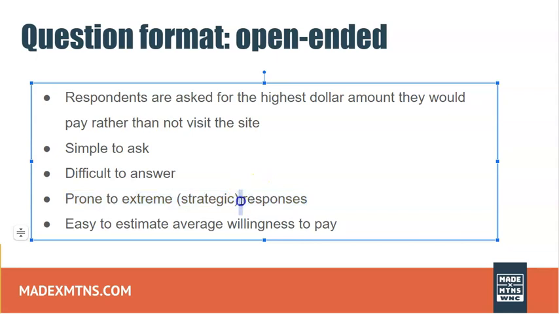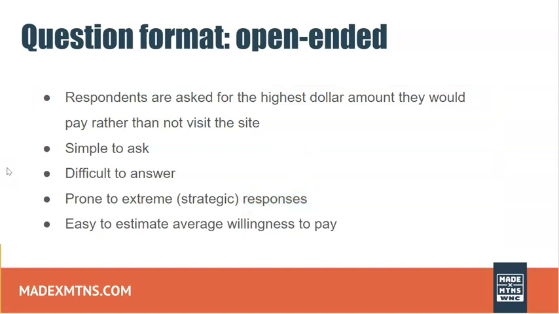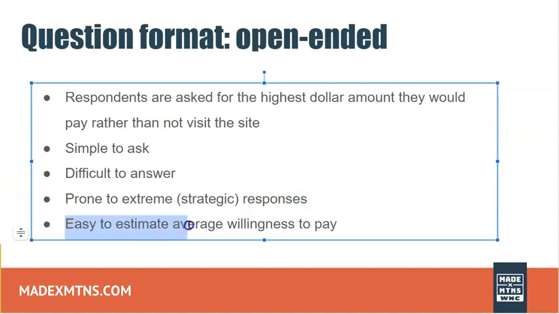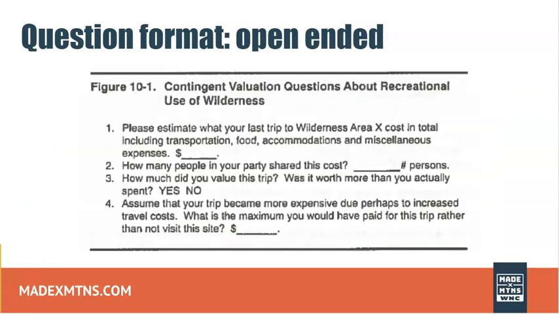And there are no guardrails to keep people from providing an answer like that. On the other hand, it's easy to estimate average willingness to pay, because you just have a column of numbers, and you can take the mean, the median, or the mode as some measure of central tendency.